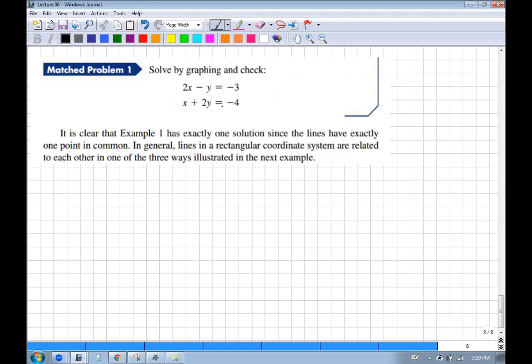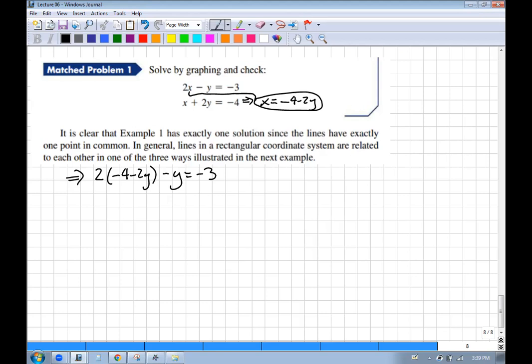So let's see. I'm going to substitute this one into that one. Simply because the x is by itself, I can easily say, okay, x is -4 minus 2y. And then I'm going to replace that x with this. And that's going to give me 2 times (-4 minus 2y) minus y equals -3.